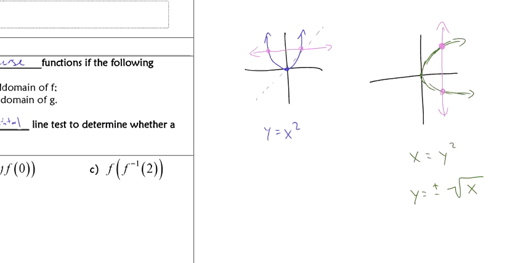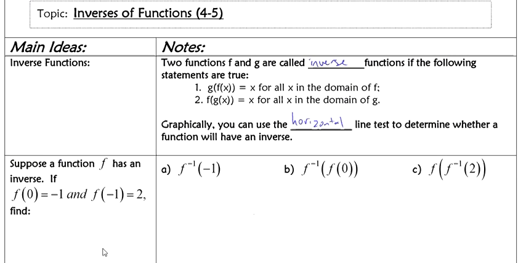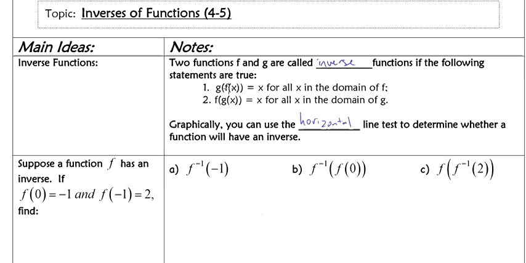Because remember, back to the definition of the inverse, any value of x that I plug into f of x and then that value into g of x has to be in the domain of f, and any value of g of x that I plug in for x and then plug that value into f of x has to be in the domain of g.